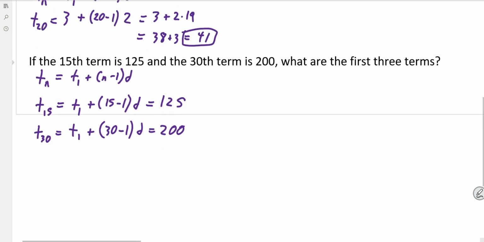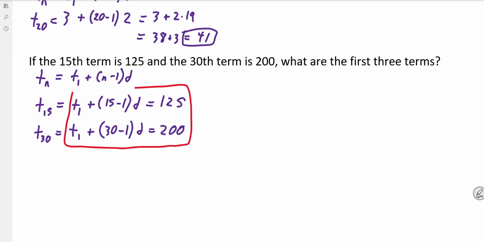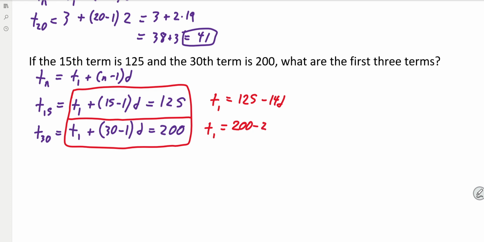So, what can we do now? Well, we have two equations with two variables in total, so this is now a system of equations. Let's change this so both are equal to T1, moving the D term over: 125 minus 14D, and 200 minus 29D.